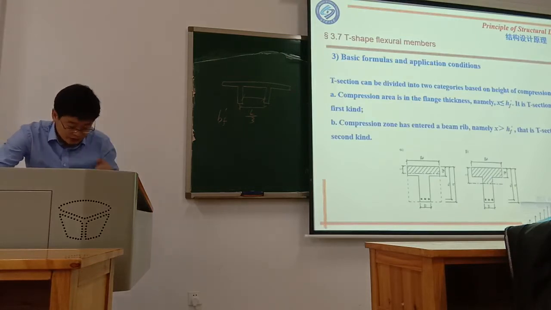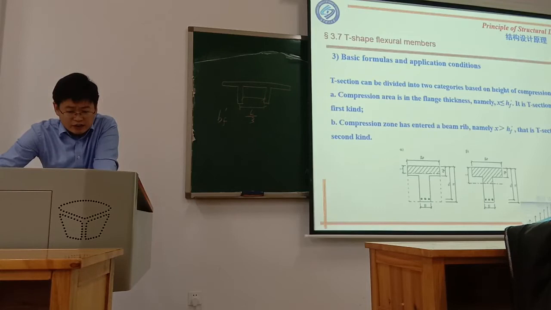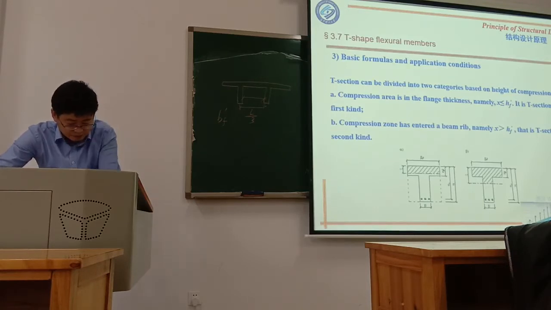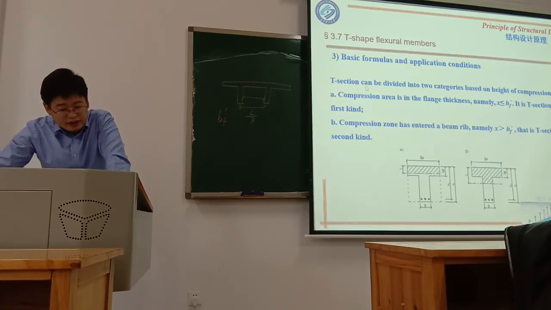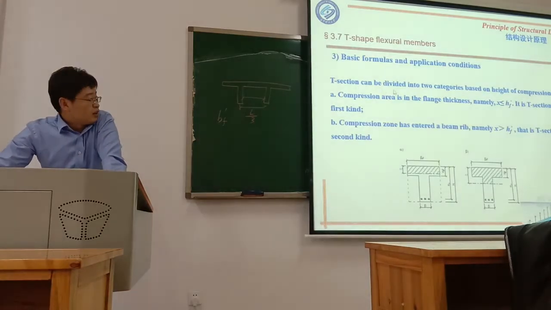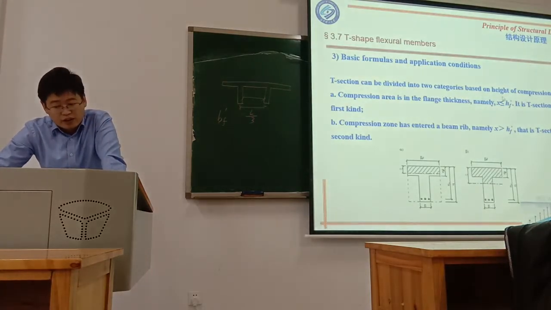So now we see the basic calculation formula and application condition for the T-shaped beam. For this T-shaped section, it mainly can be divided into two categories, based on the height of the compression zone.